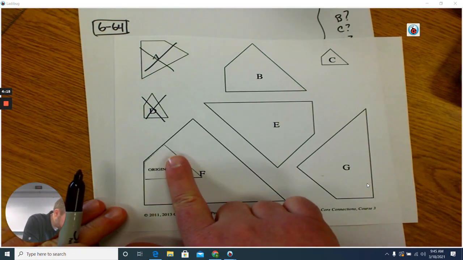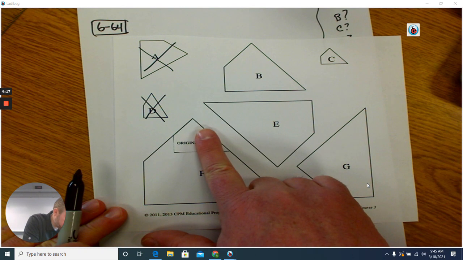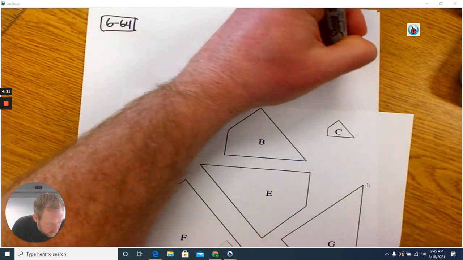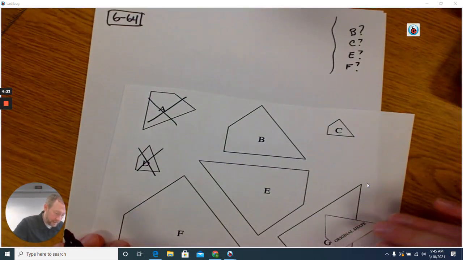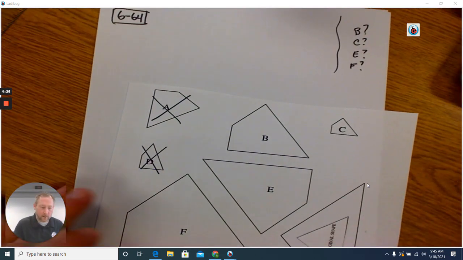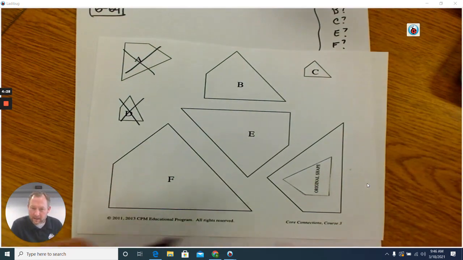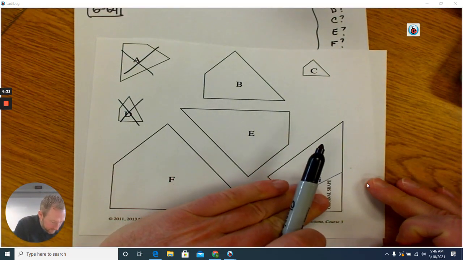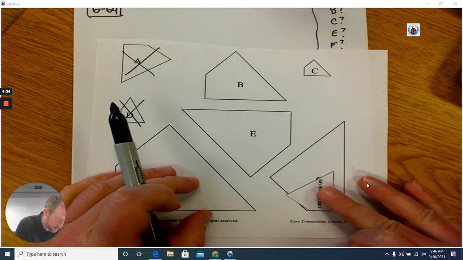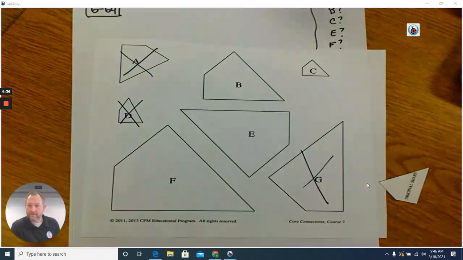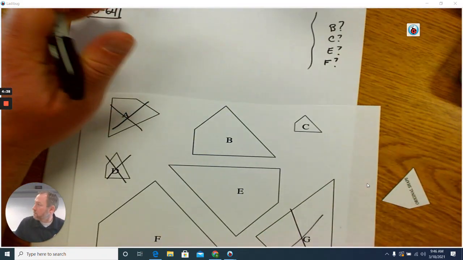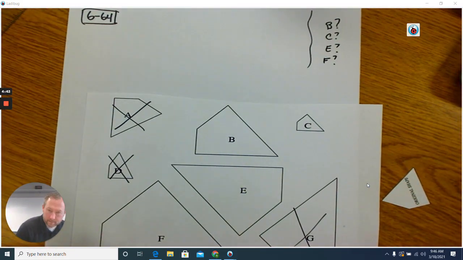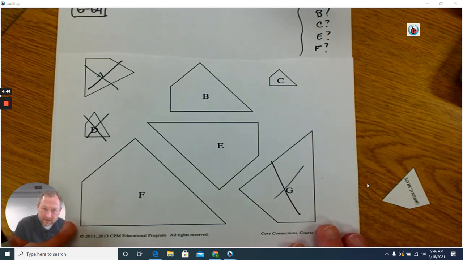Perfect match, perfect, perfect, perfect. So I'm thinking F is good too. G, gotta rotate it like so. Notice it doesn't quite look right. And again, I have a perfect match down there, but not one there. So G's no good. So criteria 1, corresponding angles have to be congruent. They have to be the same.